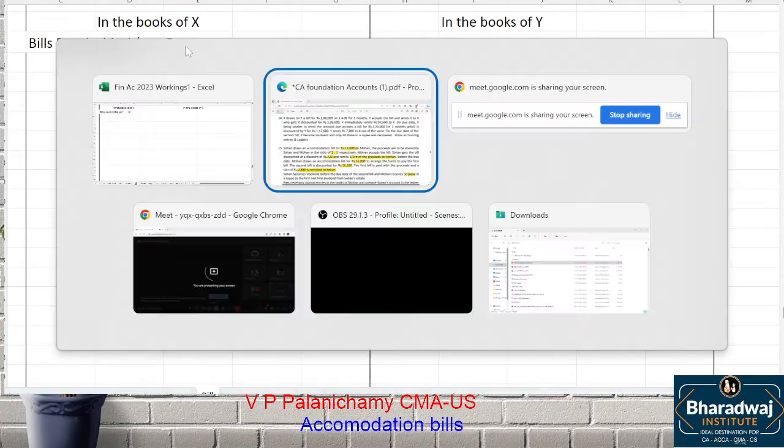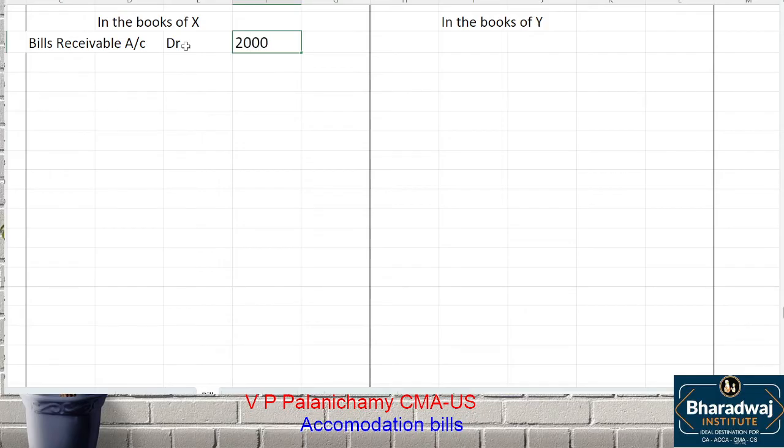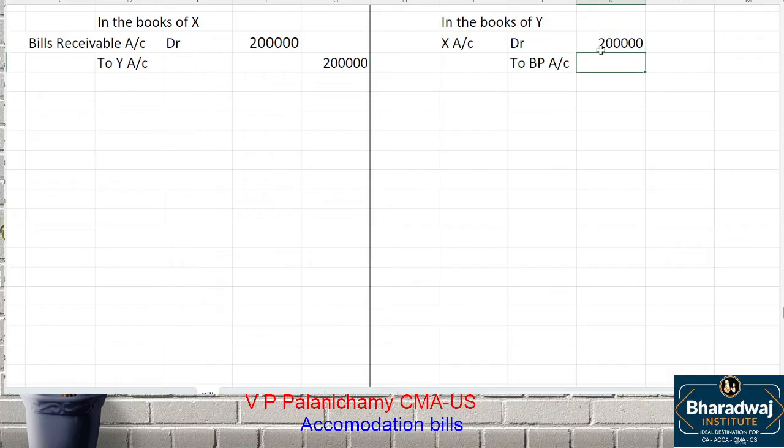First bill, 2 lakhs, to Y account. For the other party, X account debit, to bills payable account, 2 lakhs.